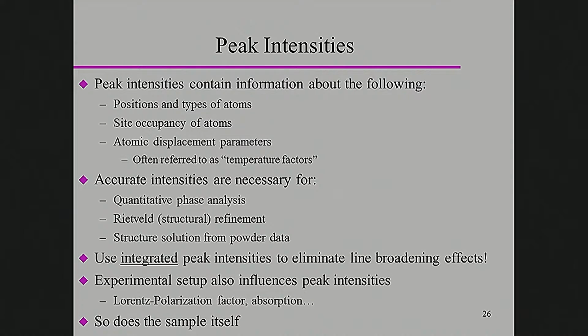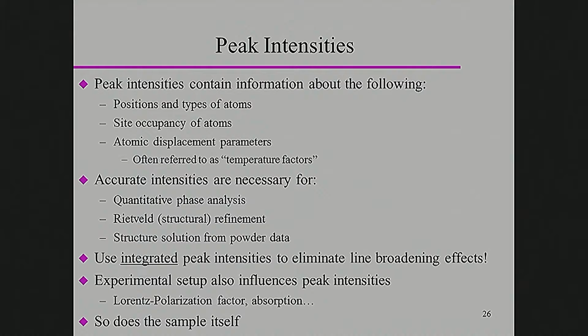How about peak intensities? Obviously, the big thing contained in peak intensity is information about the structure, right? The positions and types of atoms, the site occupancies of atoms, and the atomic displacement parameters, which we so often call temperature factors, but they could be from static disorder as well, right?